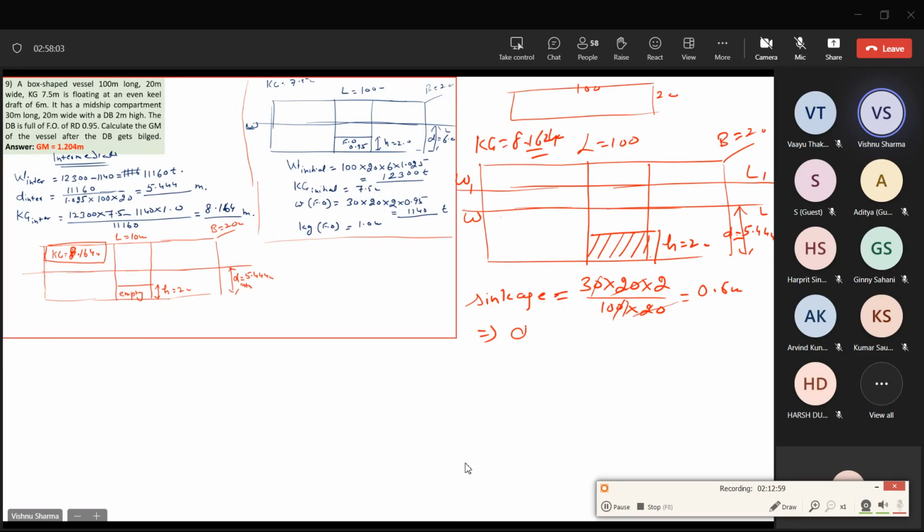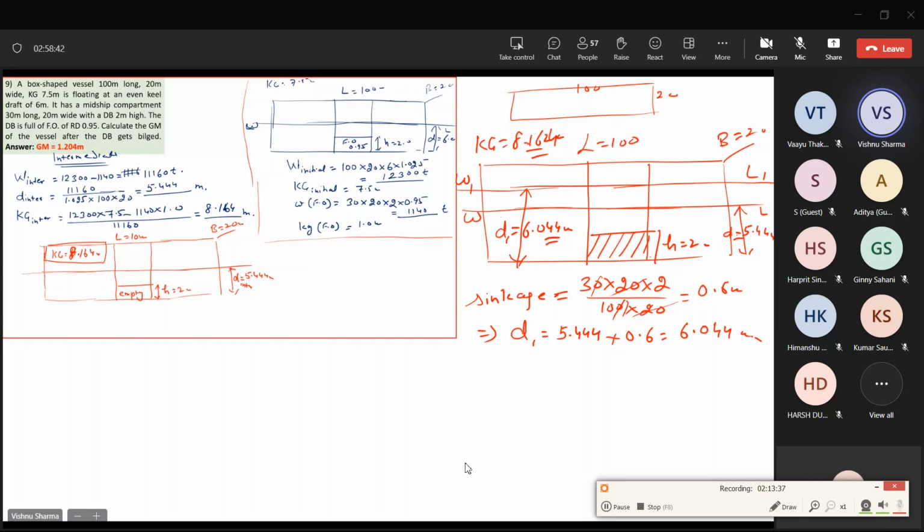This implies D1 will be equal to 5.444, which was the draft of the intermediate condition before bilging, plus the sinkage. It will be 6.044 meters. So D1 will be equal to 6.044 meters. Do you all agree up to this point, or any doubts, beta? Guys, do you all agree? Yes, sir.